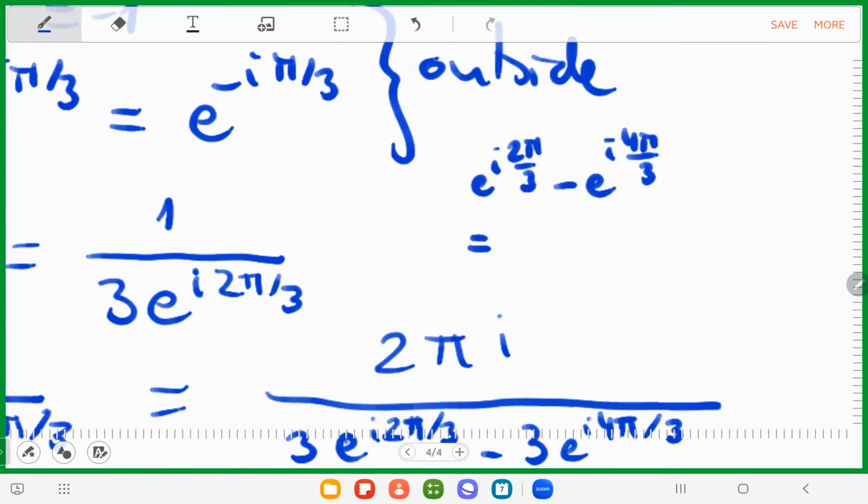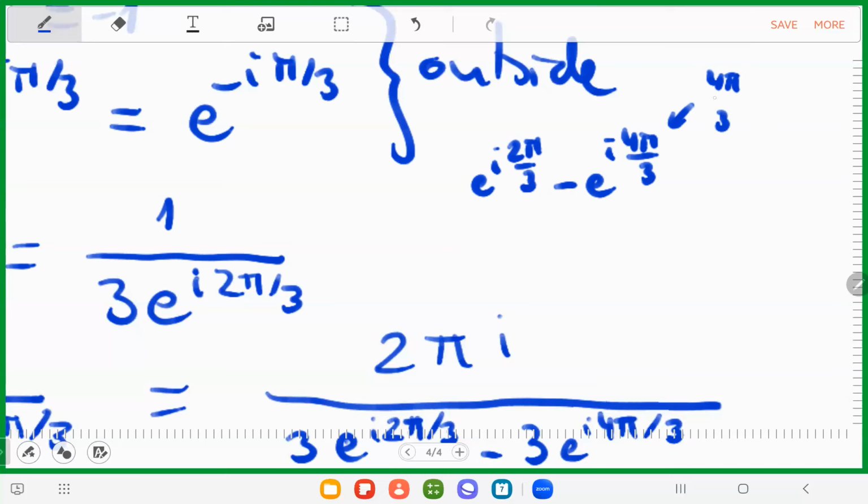Notice that a number with argument 4 pi over 3 is the same as a number with an argument of 4 pi over 3 plus or minus a multiple of 2 pi.